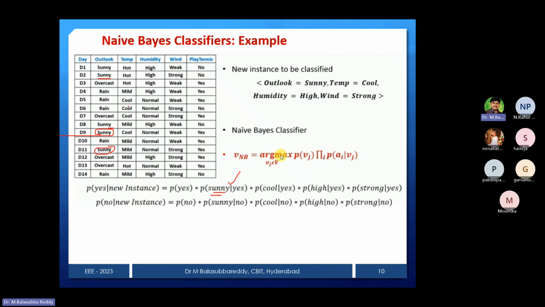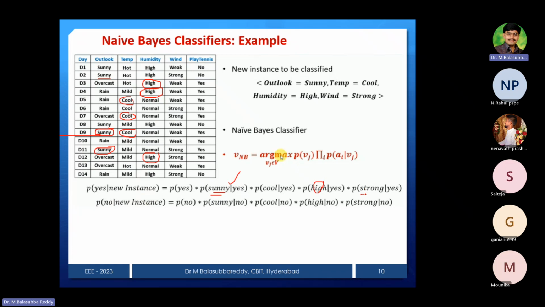Similarly, cool. You can see cool is 1, yes, we can consider. This is no, you can consider this is yes. And cool, this is yes. And that's it. So there are 3 instances. And similarly, high. Here, high and yes both must be there. Then high is 1 with yes, and the second one, then the third one, 3.